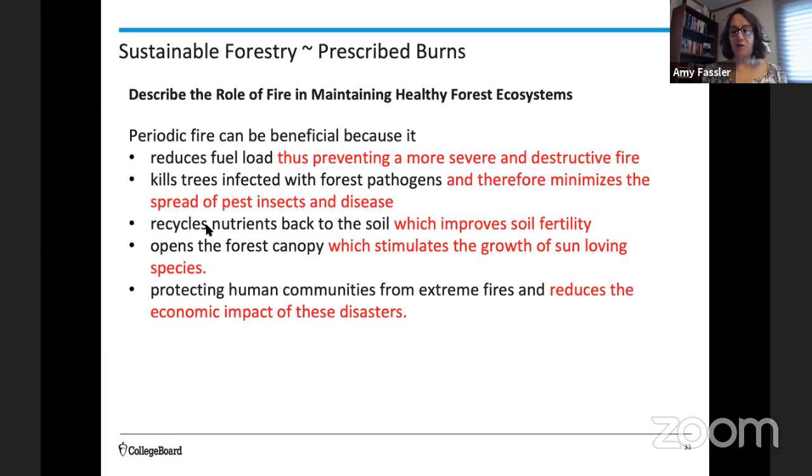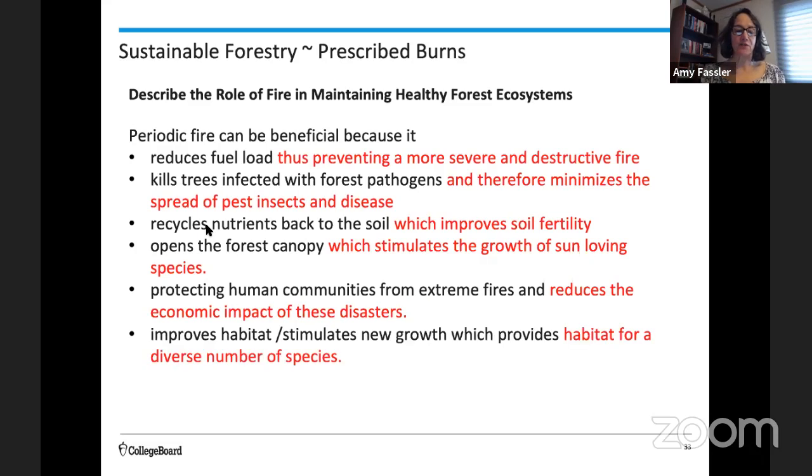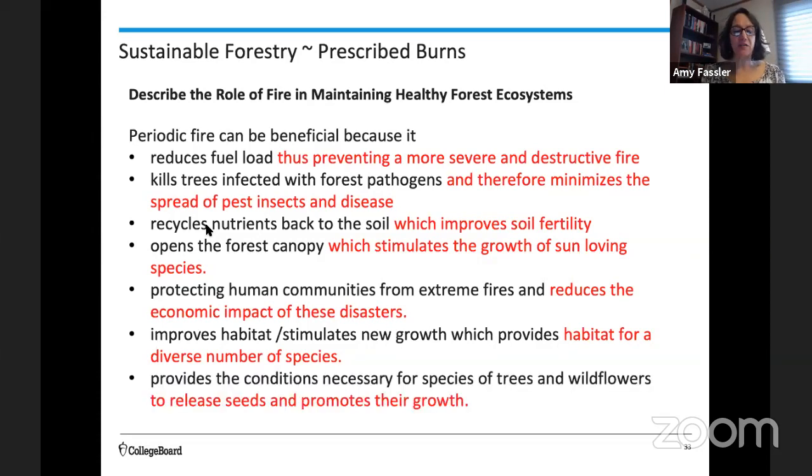It protects communities from extreme fire and reduces the economic impact of those disasters. It improves habitat and stimulates new growth, which provides habitat for a diverse number of species and provides conditions necessary for certain species of trees or wildflowers because they need heat to release their seed and promote their growth.